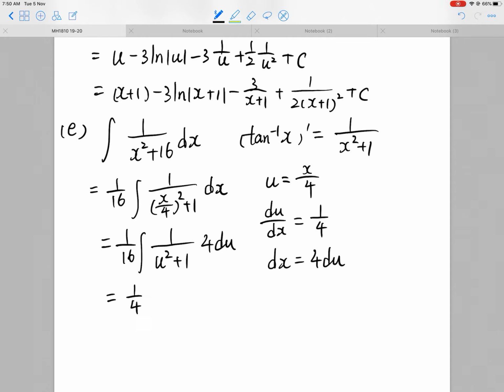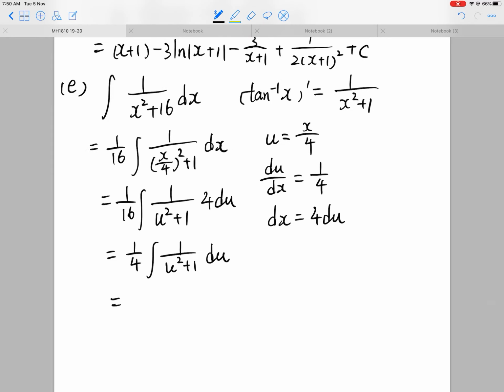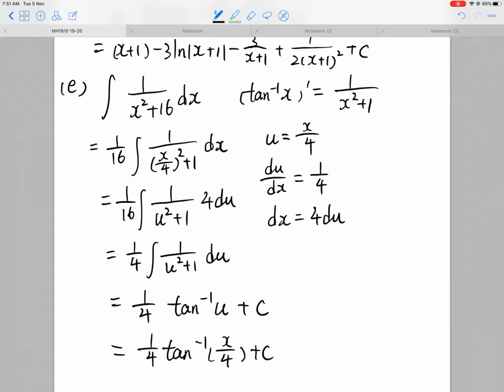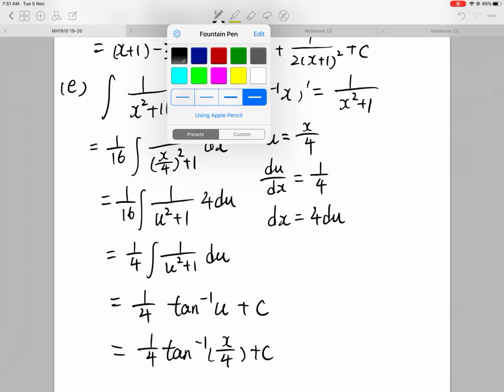So it's just 1 over 4 times the integration of this, which is tangent inverse u plus c, which is 1 over 4 tangent inverse of x over 4 plus c. Or you can use that formula, right?